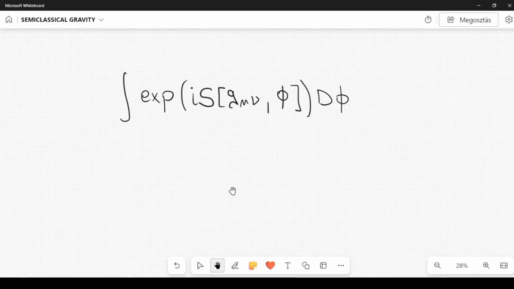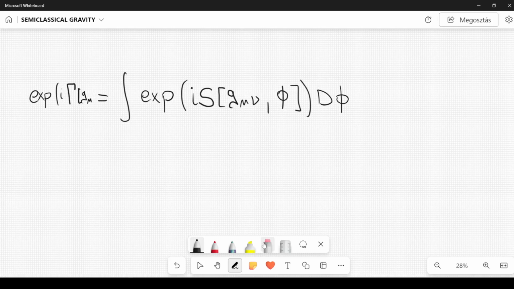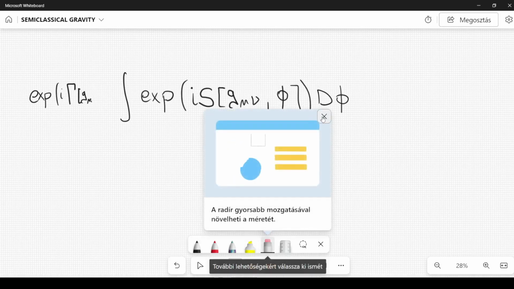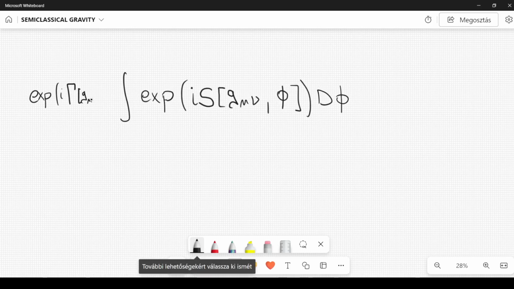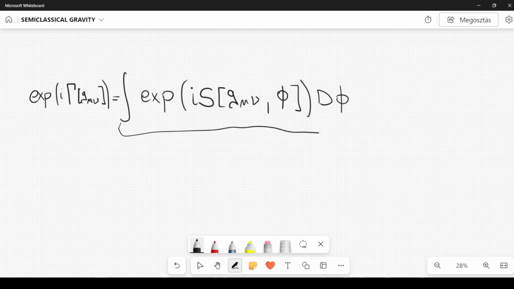Once we carry out the integration, we get rid of the field phi and we obtain the so-called effective action. So we can rewrite this as an exponential of i gamma, which depends only on the field g mu nu, on the gravitational field. Performing such a computation means basically that we are averaging over the field phi.